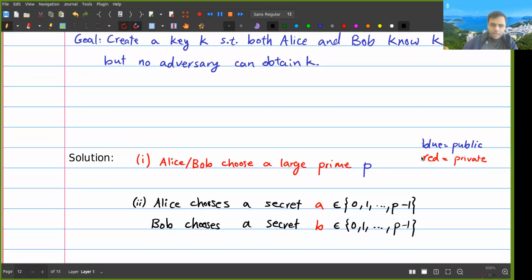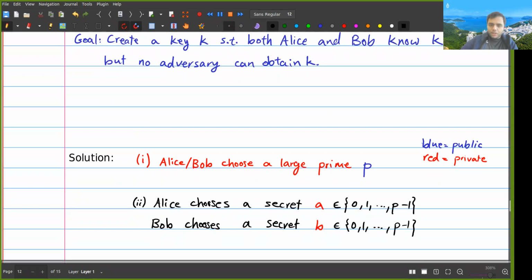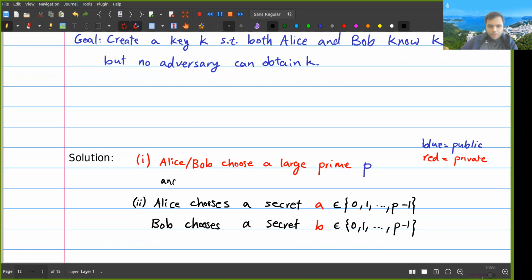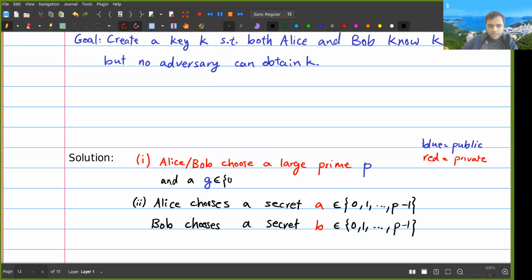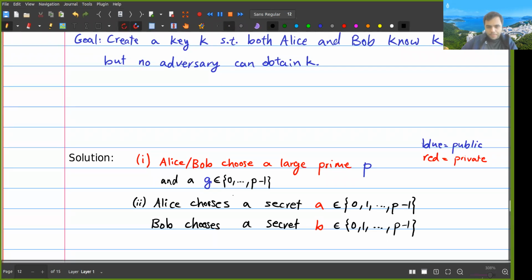So in the first step, when we choose a large prime number P, we also choose some number G, and this G is also going to be in the set 0 to p minus 1. Okay, but additionally, I want this G to have another property.